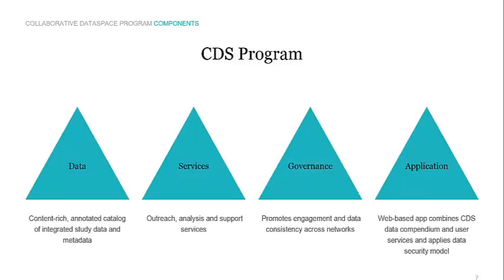The services component, which involves outreach, analytics, and support. A governance component, which engages our networks and builds consistency across those networks. And then finally, the application, which is a web-based application that brings that data compendium together with the services and builds that governance structure around it.